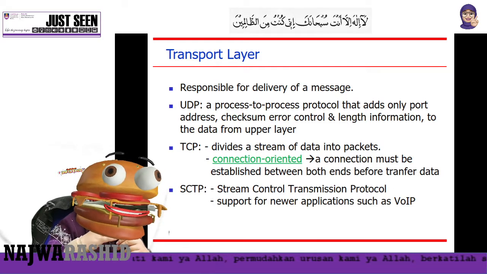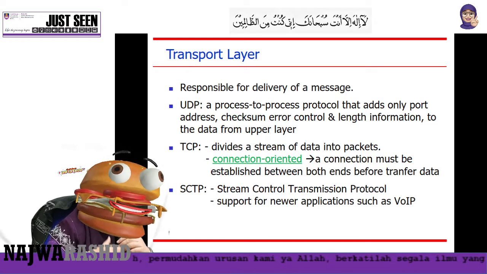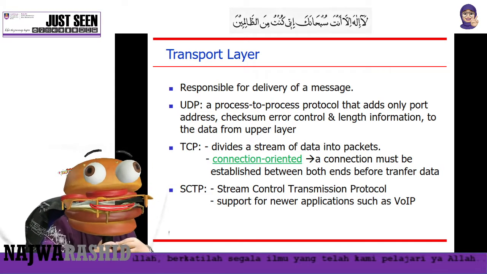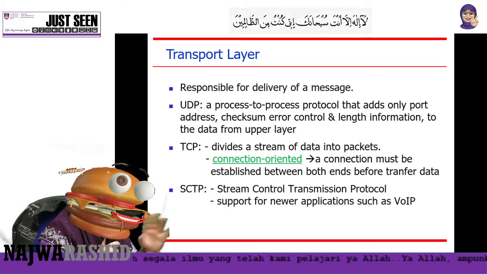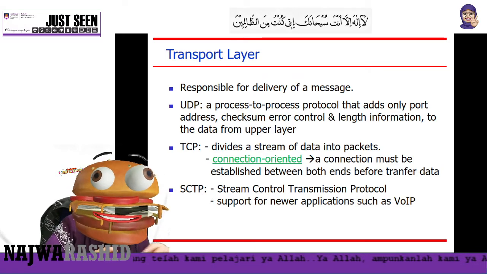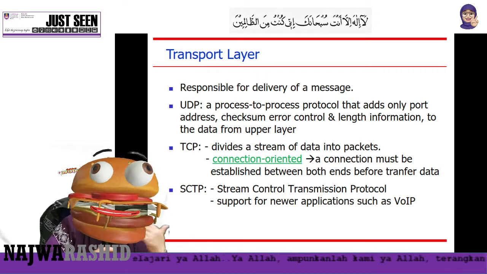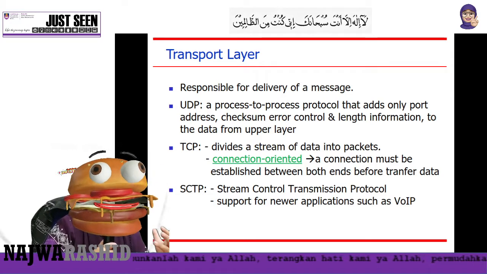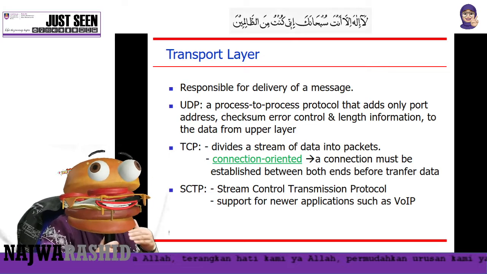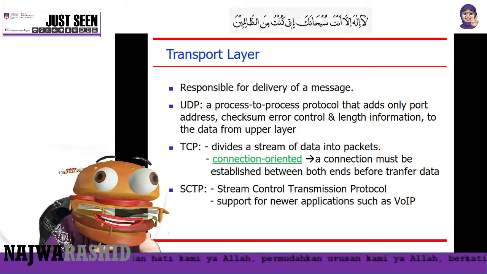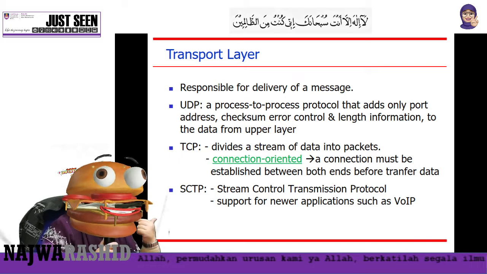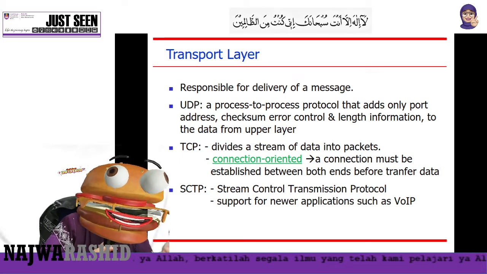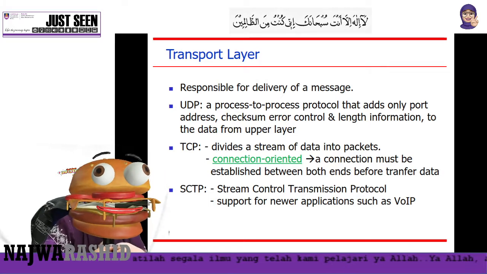The next part is the transport layer in the internet model. This layer is responsible for delivery of the message. You can look back at the OSI model; the responsibility is quite similar: delivery of the entire message. Under this layer, it uses protocols named UDP, the User Datagram Protocol, and TCP, the Transmission Control Protocol.